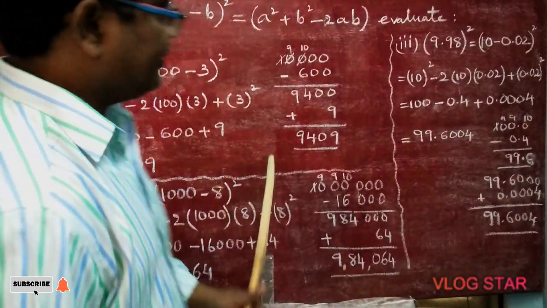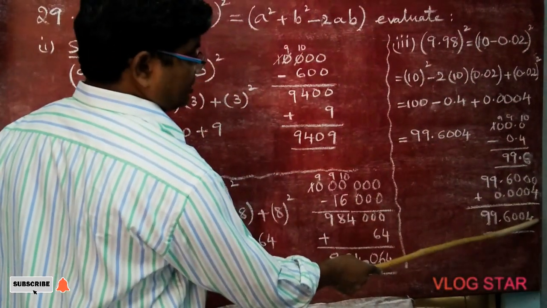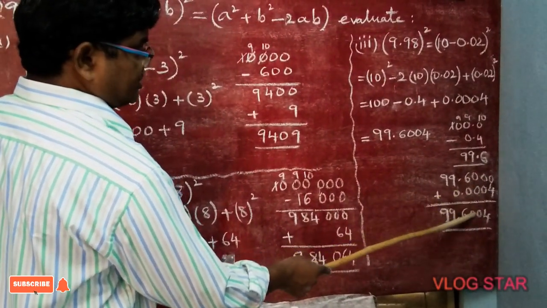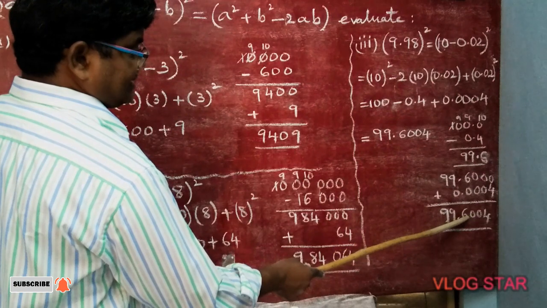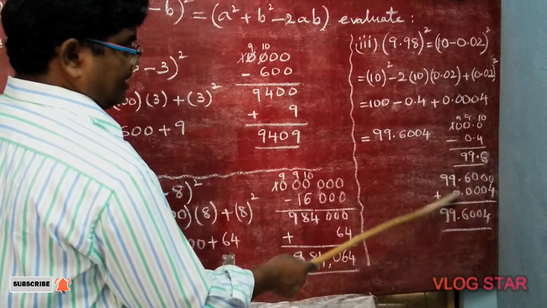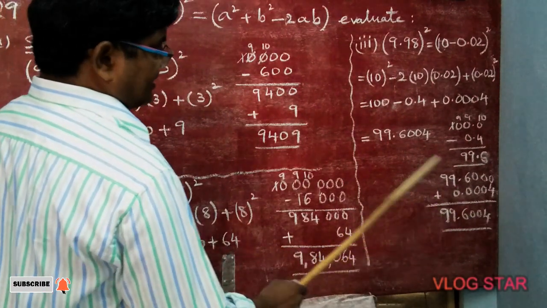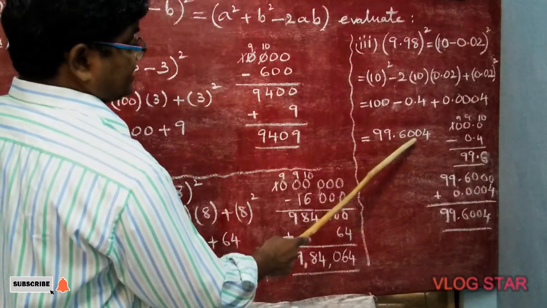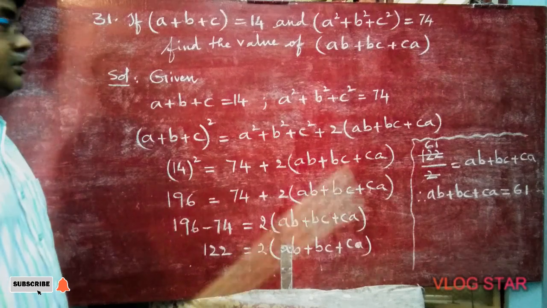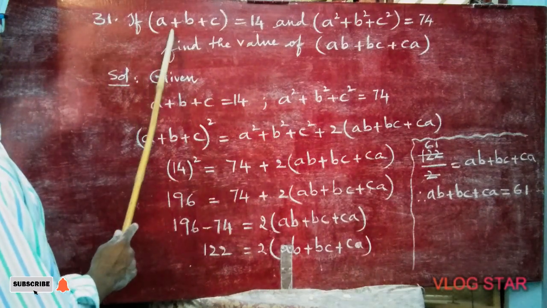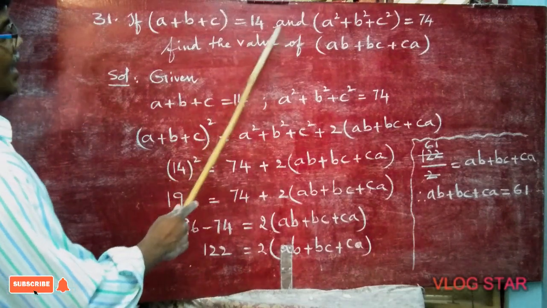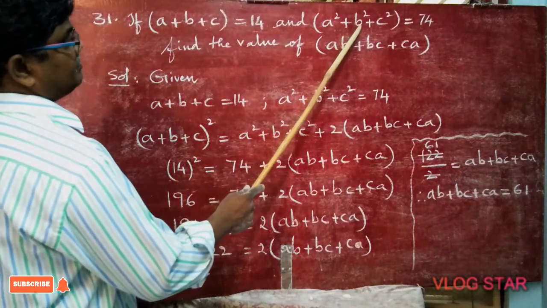Now we are adding. 0 plus 4 is 4. 0 plus 0 is 0. Again 0 plus 0 is 0. 0 plus 6 is 6. Decimal under decimal. And here 99. So what is the final answer? 99.6004.